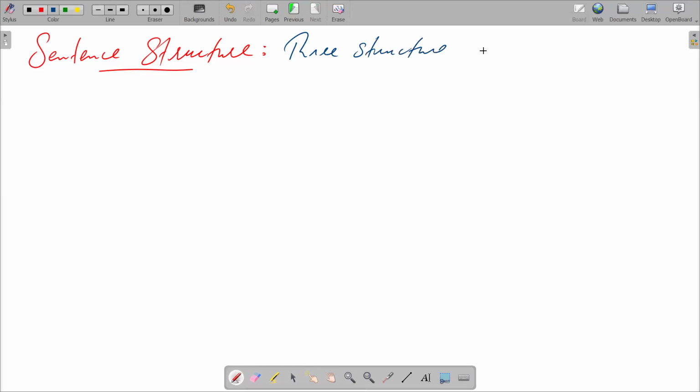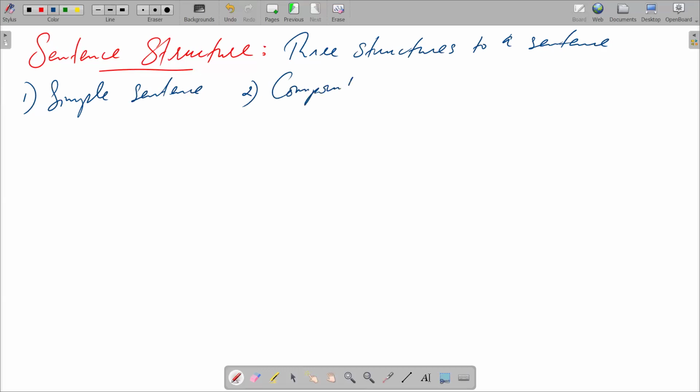Technically there are four, but generally there are three structures to a sentence. The first is a simple sentence. The second is a compound sentence. And the third is complex.